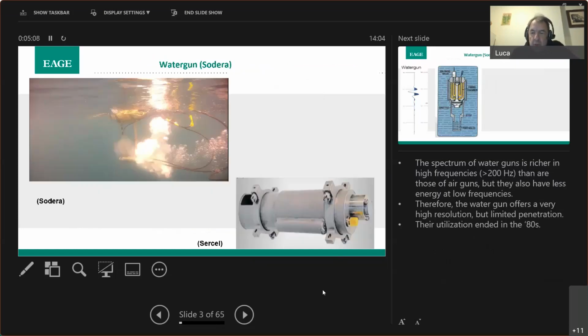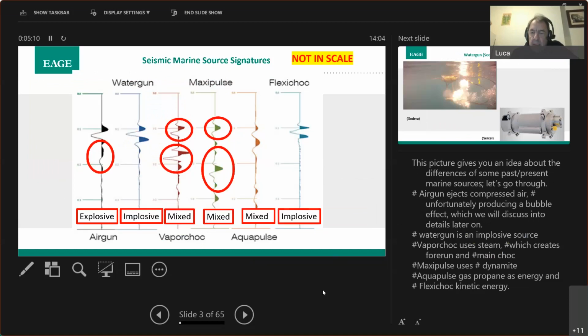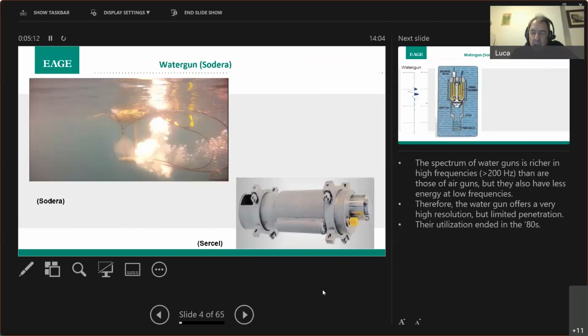This picture gives you an idea about the spectrum of the water gun, which is richer in high frequencies, more than 200 Hz, than that of the air gun, but it also has less energy at low frequencies.